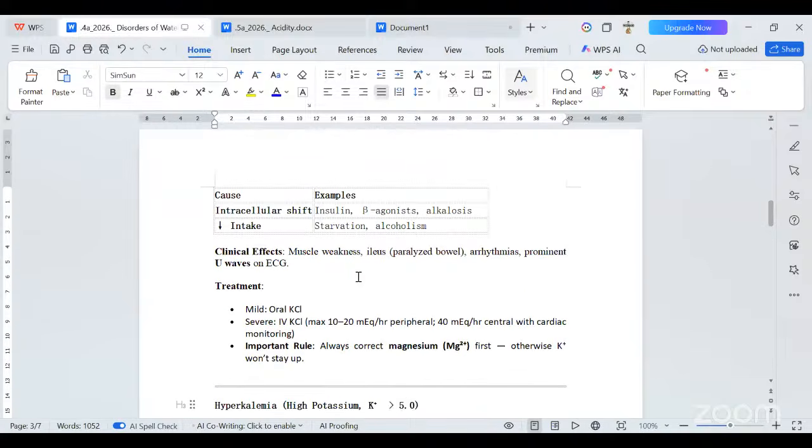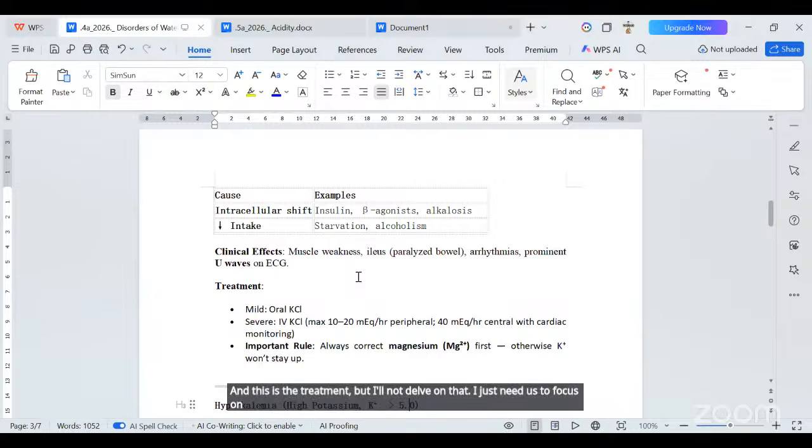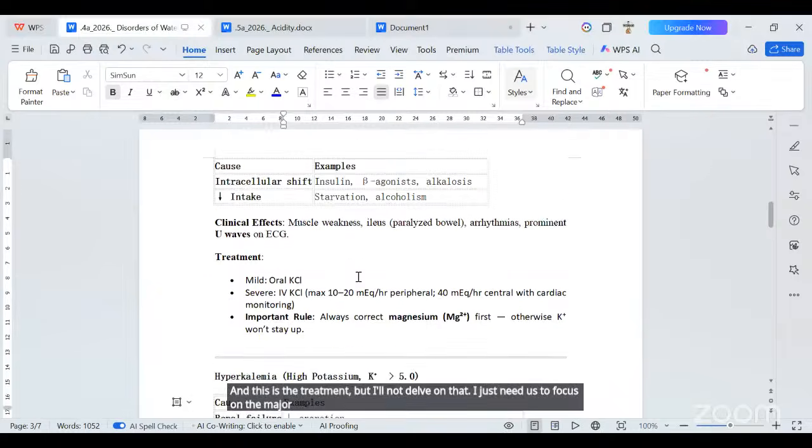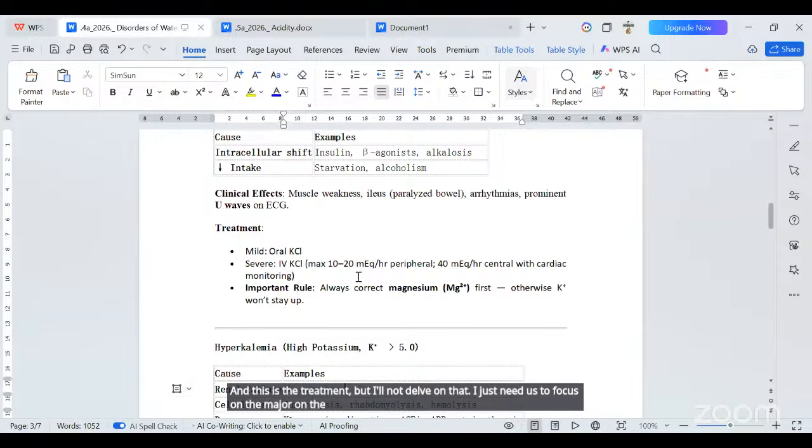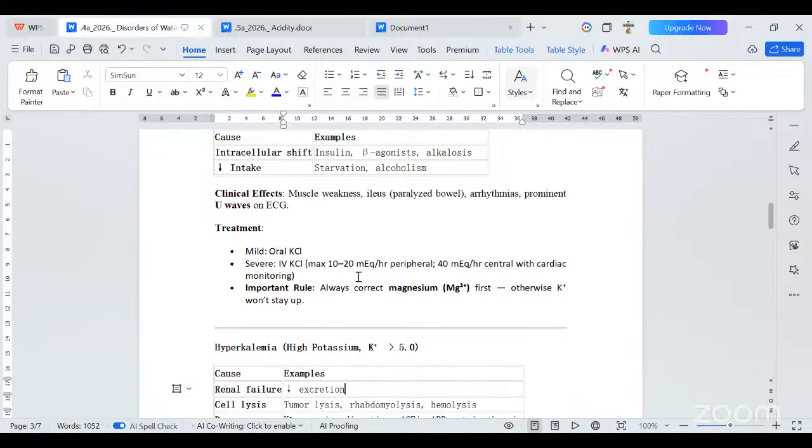And this is the treatment, but I'll not delve on that. I just need us to focus on the defects and what causes it. Now, this is hyperkalemia. Hyperkalemia, from the word, is high potassium.